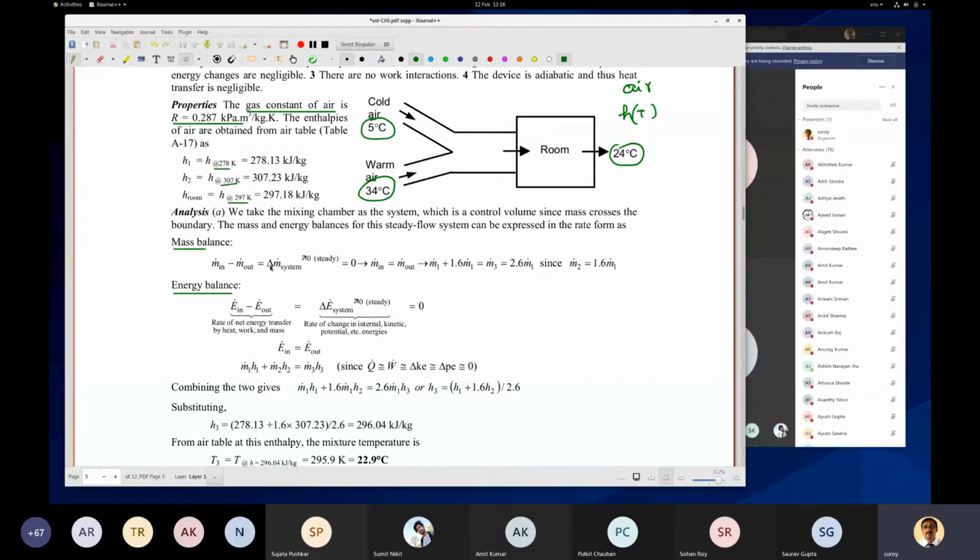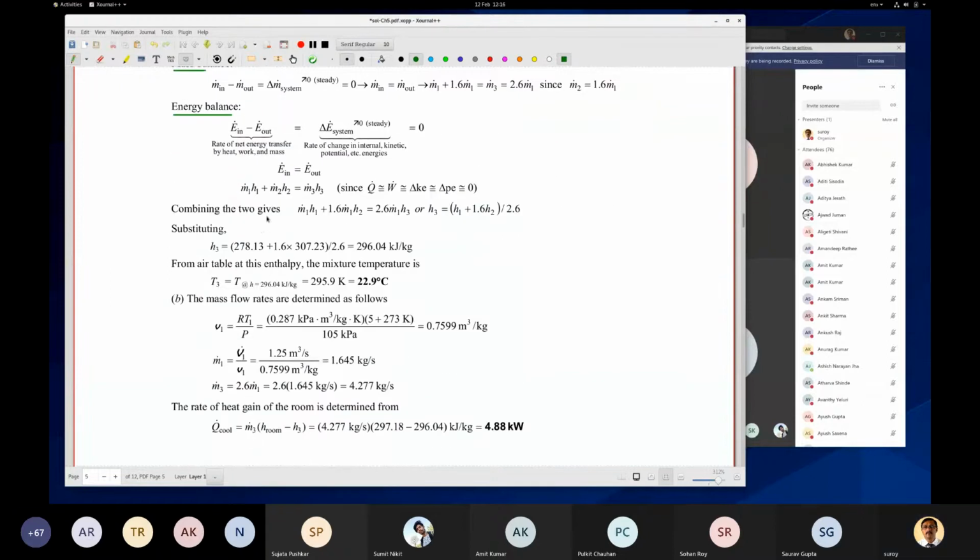So the mass balance has to be done properly. The mass balance and energy balance will give you H3, the outlet enthalpy.